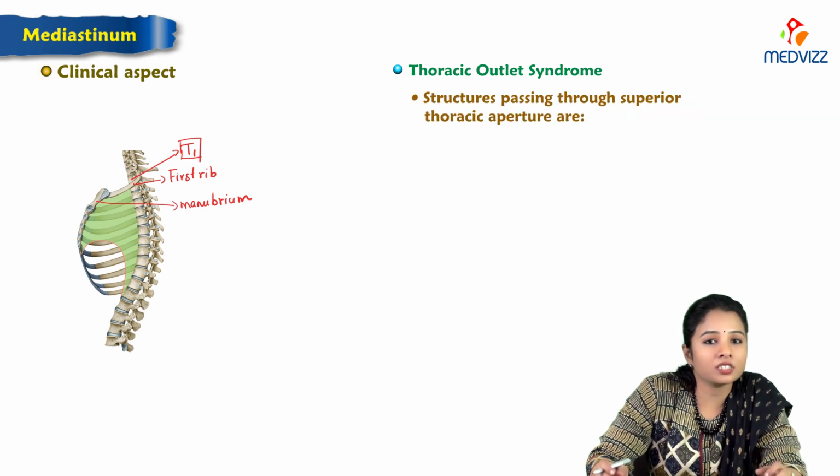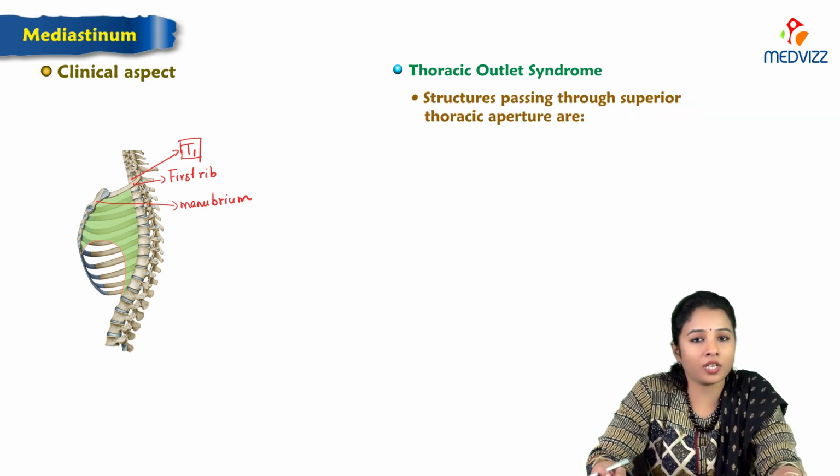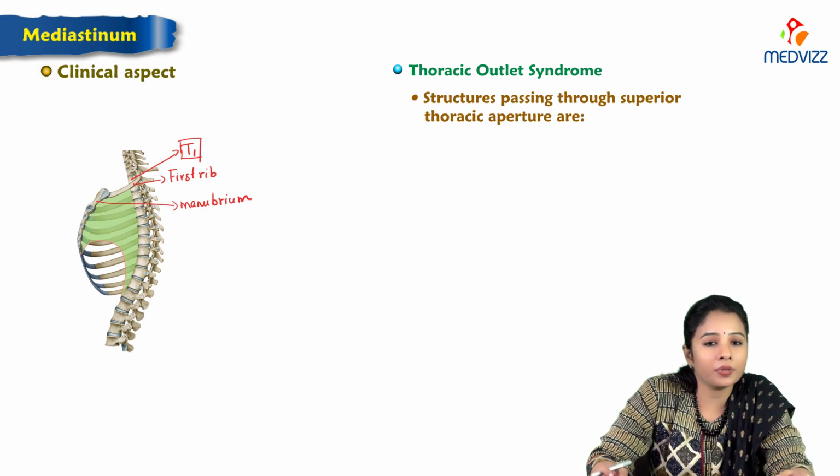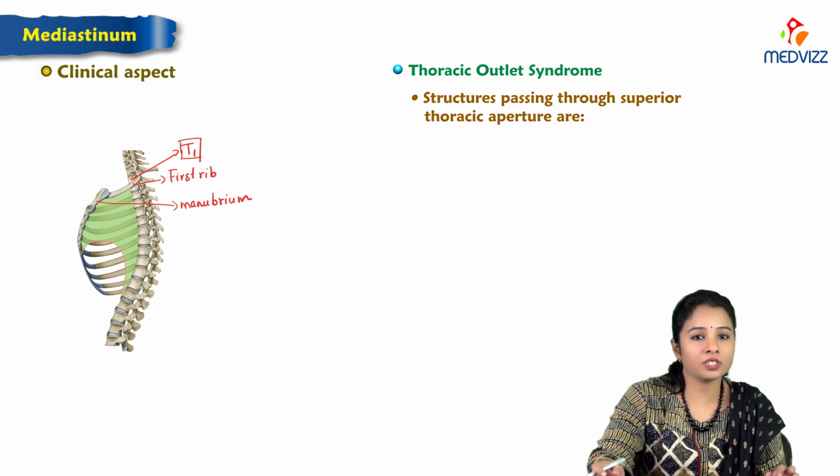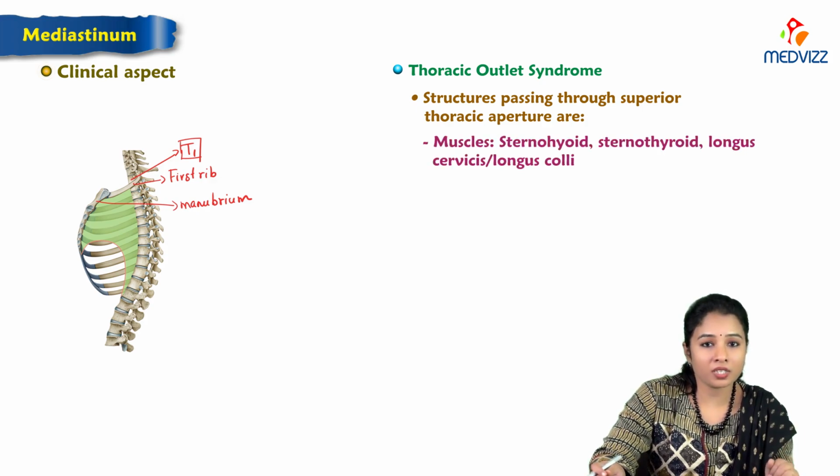So, if the structures passing through the superior thoracic aperture are compressed, it causes thoracic outlet syndrome. The structures passing through the superior thoracic aperture are, we will talk about the muscles first.